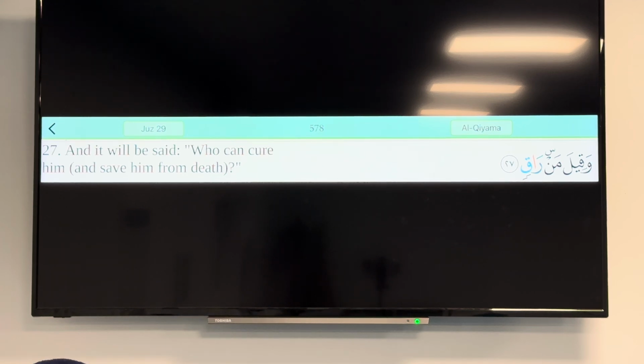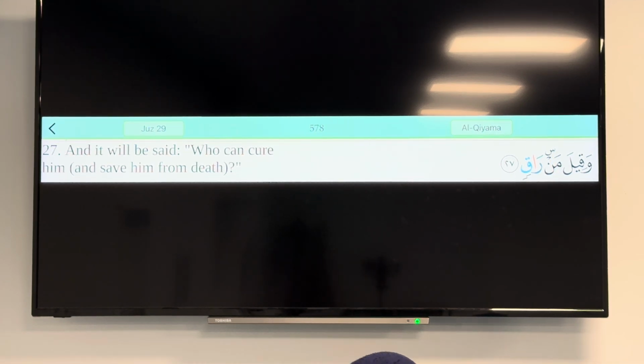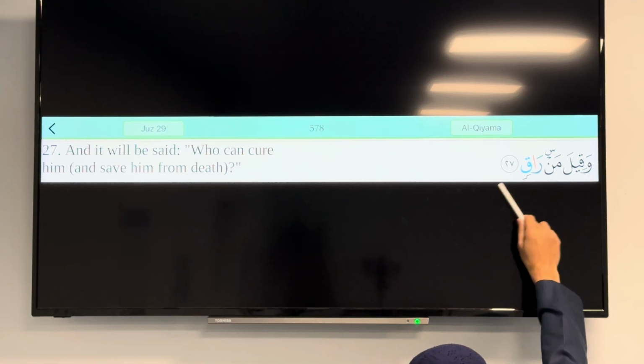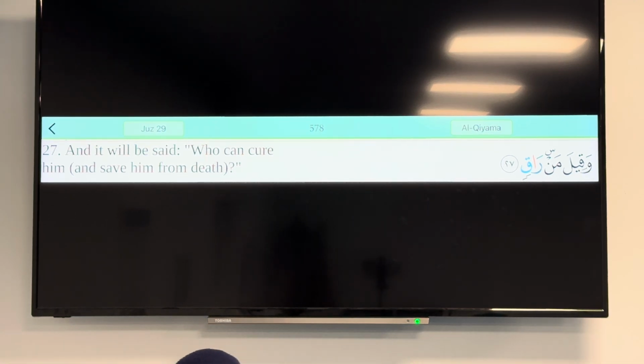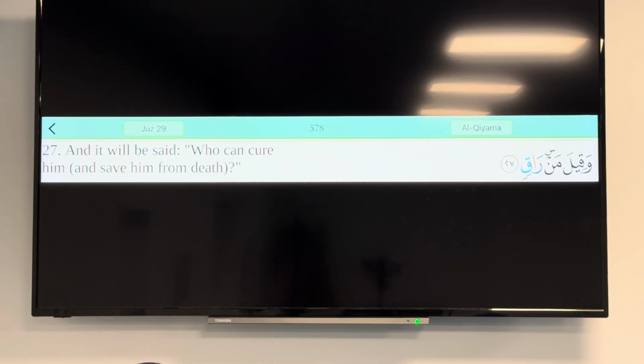No, is it a sin or a symbol? A symbol. And how do I know it's a symbol? Because it is on top of a letter. If it was anywhere else, then it would be a letter. But now this is not a letter because it is on top of a letter. The letter is noon, and our stop symbol has come on top of noon.